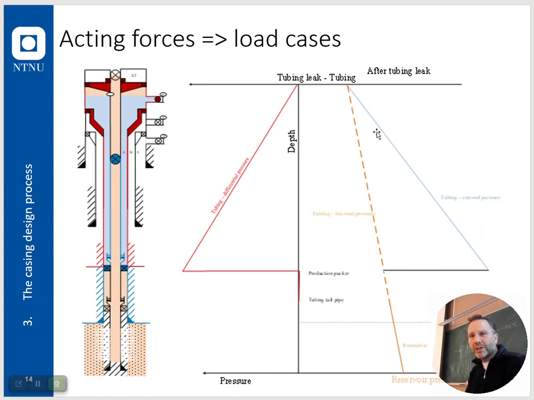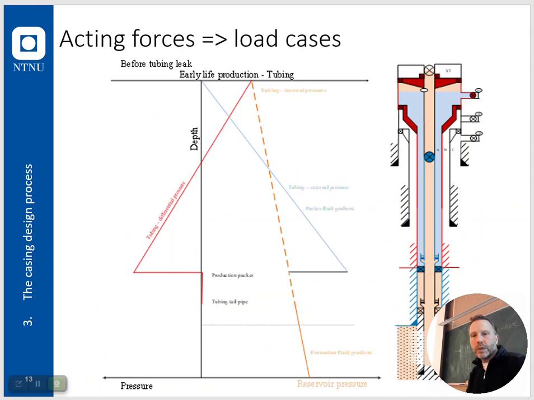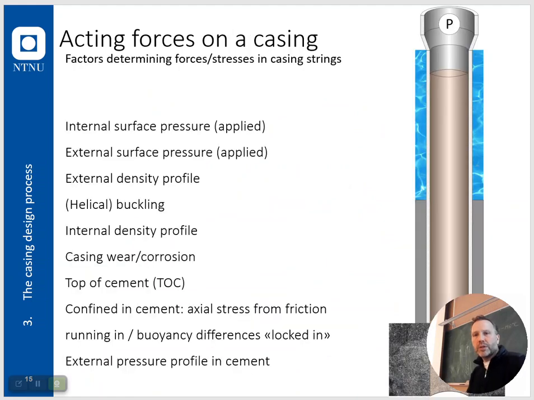This blue line should actually have been taken away. That was the initial fluid before producing, right? Should have taken this away because this is the actual line on the inside. Yeah, that's a problem, putting too many things at the same time. Acting forces on casing. Any questions? You can study these curves and so on, and that's going to be part of the lab that we're doing, hopefully.